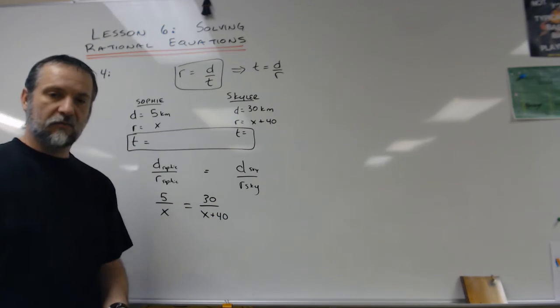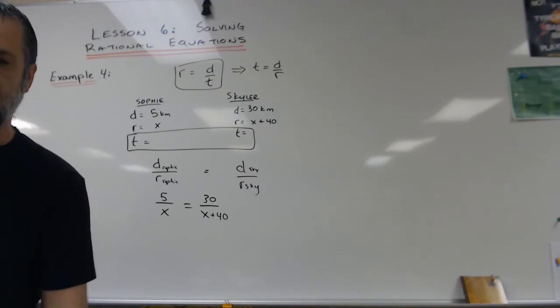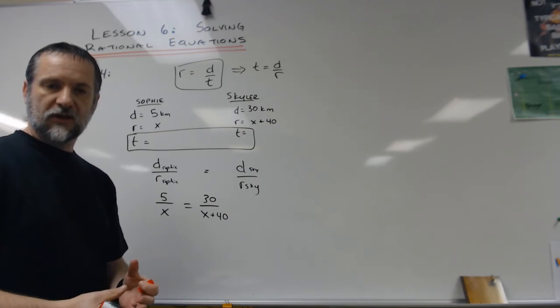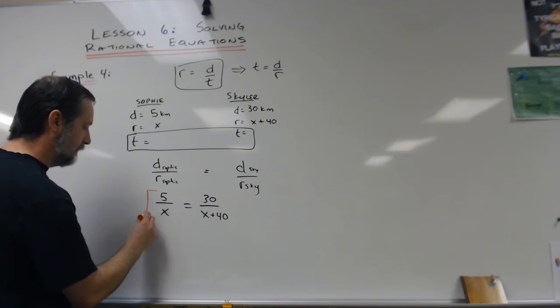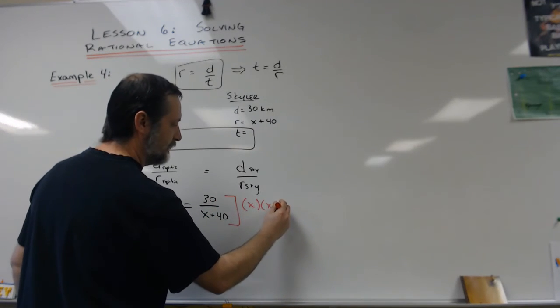This is now set up as a rational equation, and I can solve it the same as I solved any previous rational equation. So I can take this and then say, what's my lowest common denominator? An x and an x plus 40. That's going to be it. So times x plus 40.